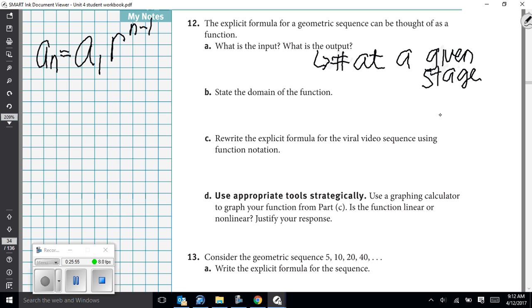So what's the number that's going to change? The stage number. We can really see that in function notation, where your n is your input. While setting up our explicit formula there are lots of inputs, but the one thing that will change depends on what stage number we're looking for.